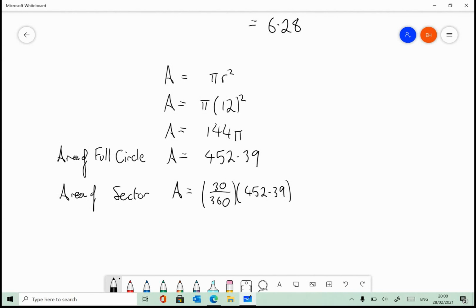What I want you to think is that this sector is a fraction of a full circle. And what fraction is it? Well, it's the degrees over 360 degrees, okay? So actually try and understand what's going on here. Multiplied by 30 over 360 equals 37.699, so equals 37.7 centimeters squared. So the area of that sector, we weren't asked to find it, but if we were, it would be 37.7 centimeters squared.